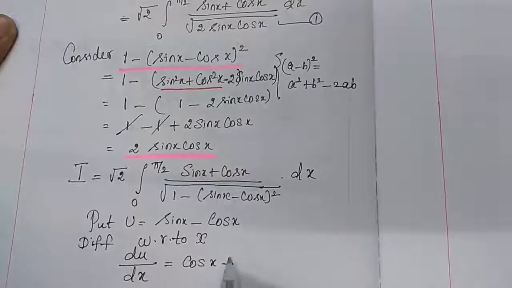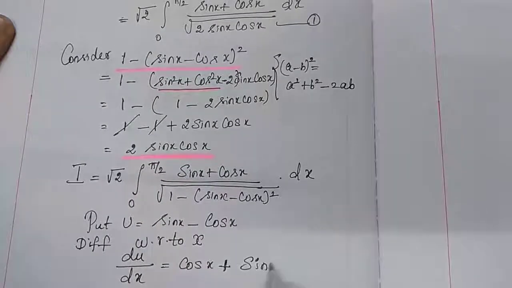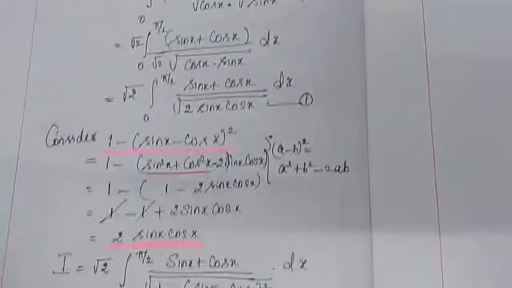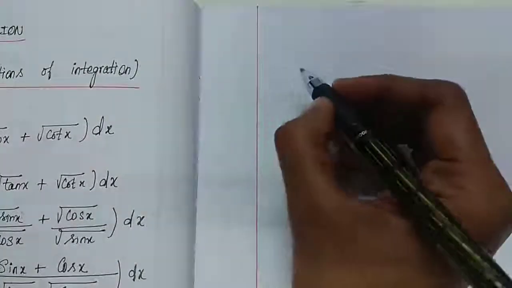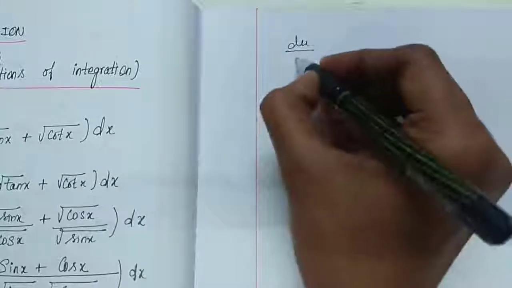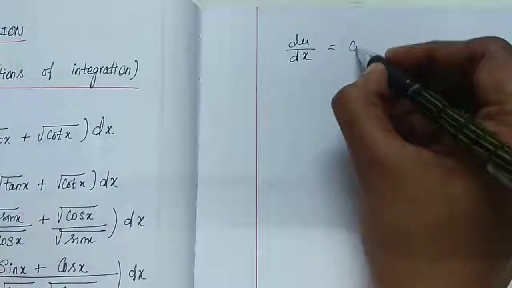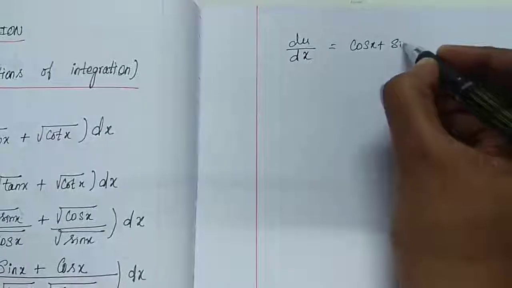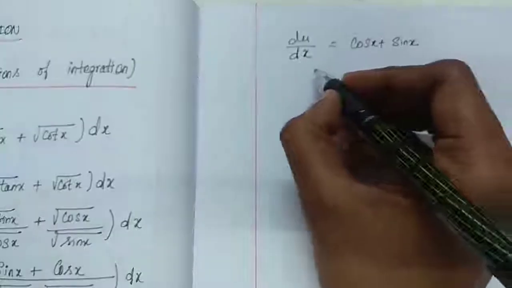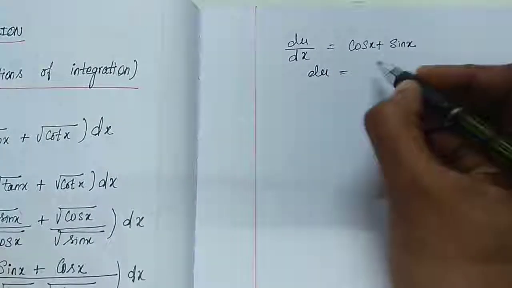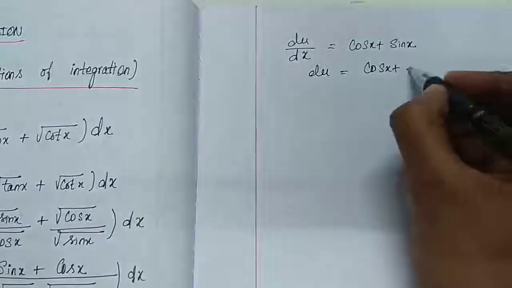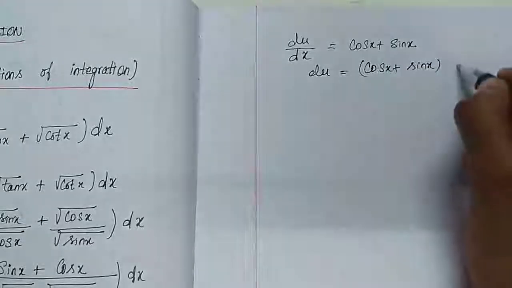Here the minus sign makes it plus sin x. Therefore du by dx is equal to cos x plus sin x, that is, du is equal to (cos x plus sin x) dx.